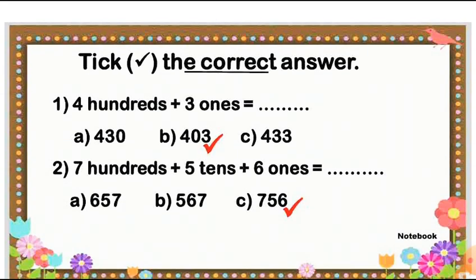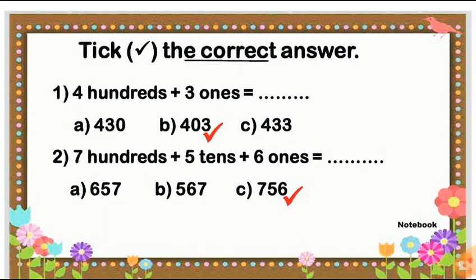Now, let us discuss some questions based on all these. The first question, here you have to tick the correct answer. 4 hundreds plus 3 ones is equal to dash. So, what is 4 hundreds? Yes, 400, isn't it?